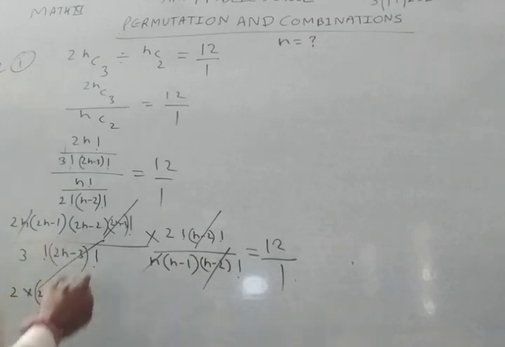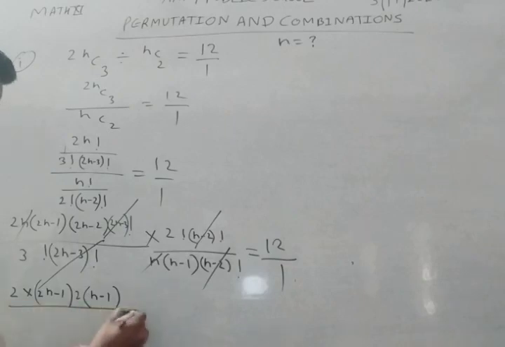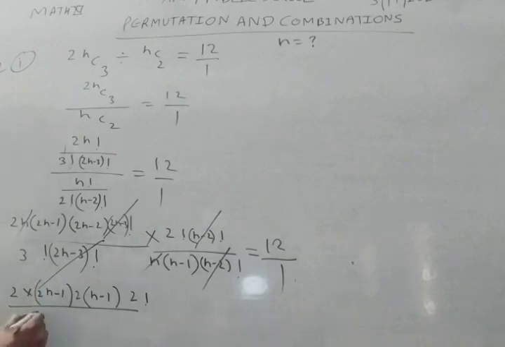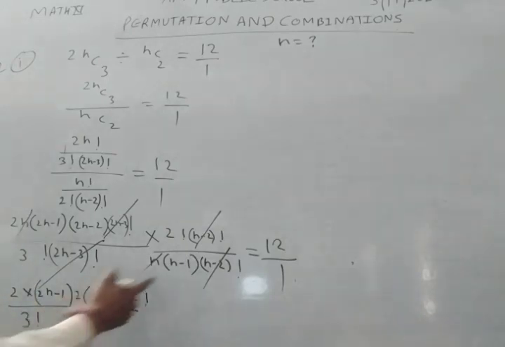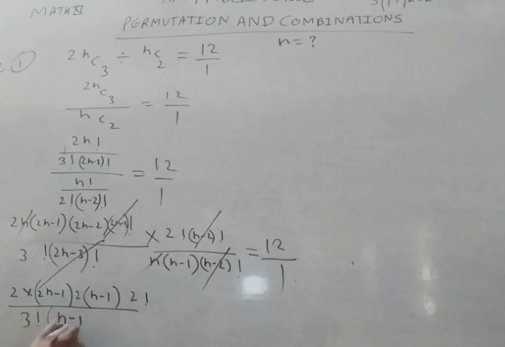Here we take 2, so we get n minus 1 divided by factorial 2 and factorial 3, and here n minus 1.